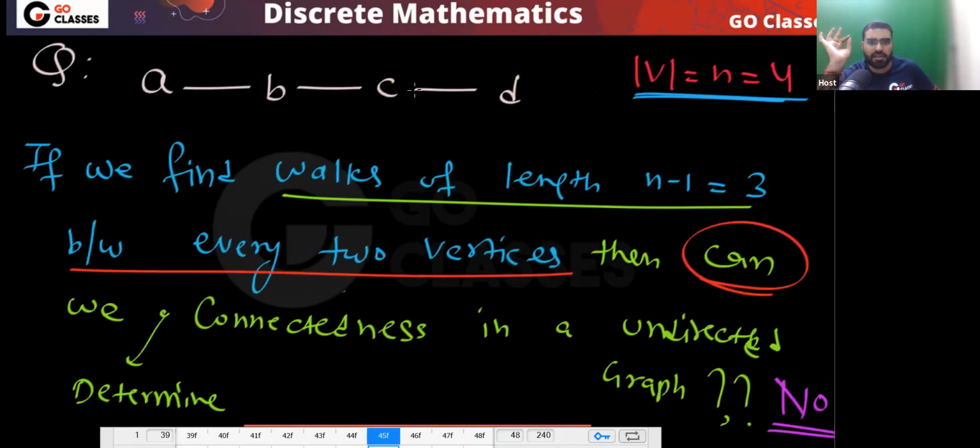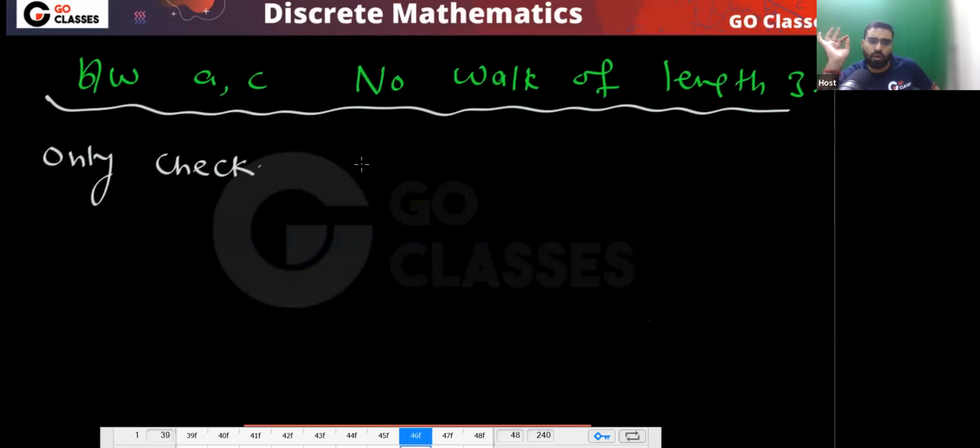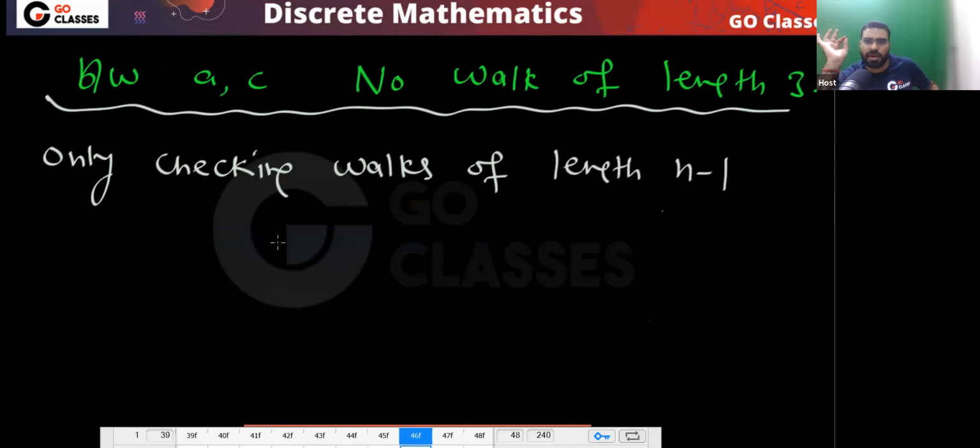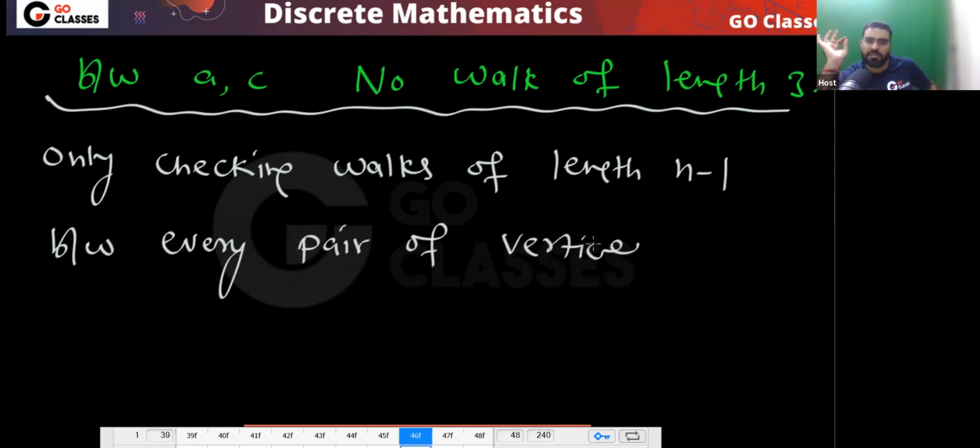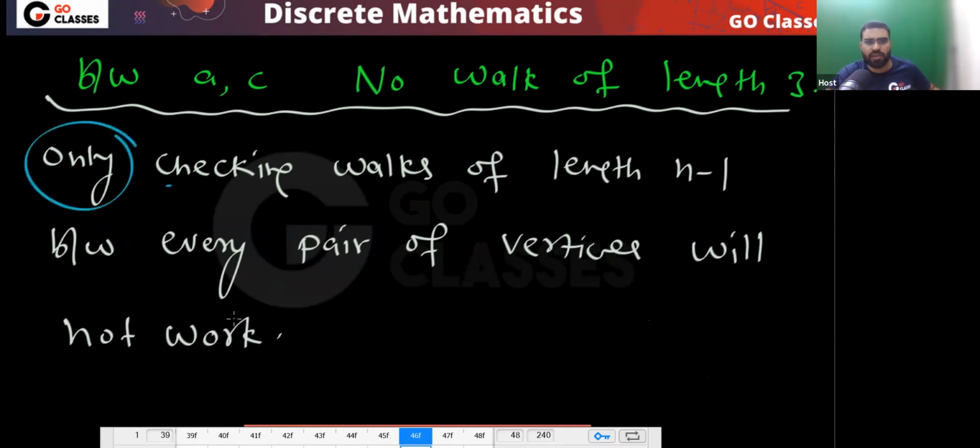Only checking walks of length n minus 1 between every pair of vertices will not work.